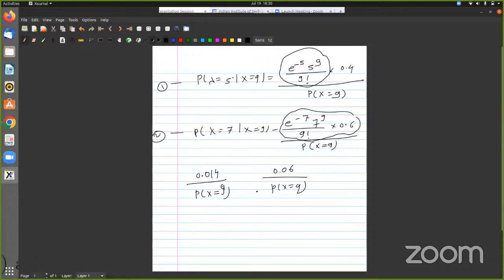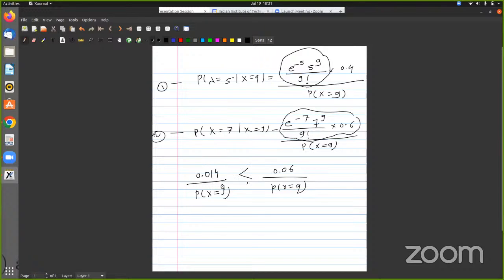So both the things are constant, right? Which is the greater one? The greater one is 0.06 upon the probability that x is equal to 9. Okay, this one is greater, right?